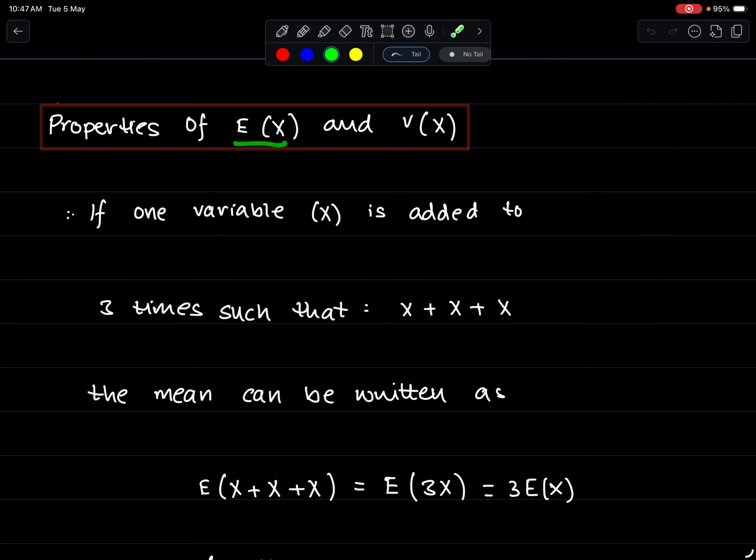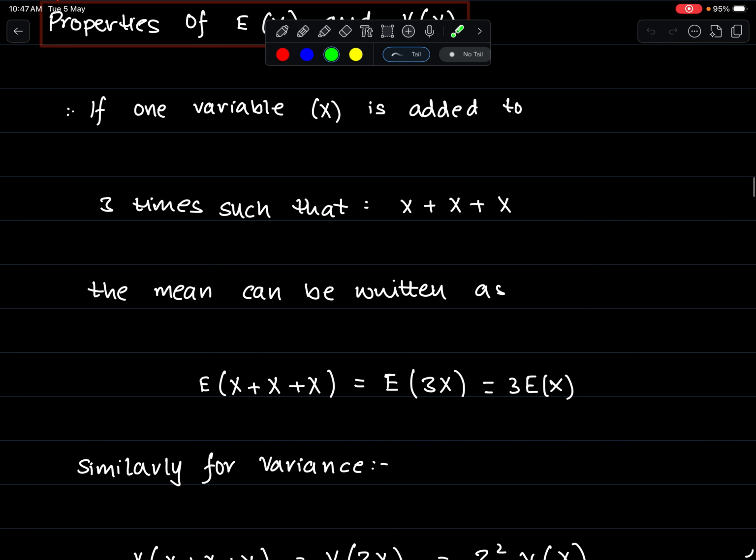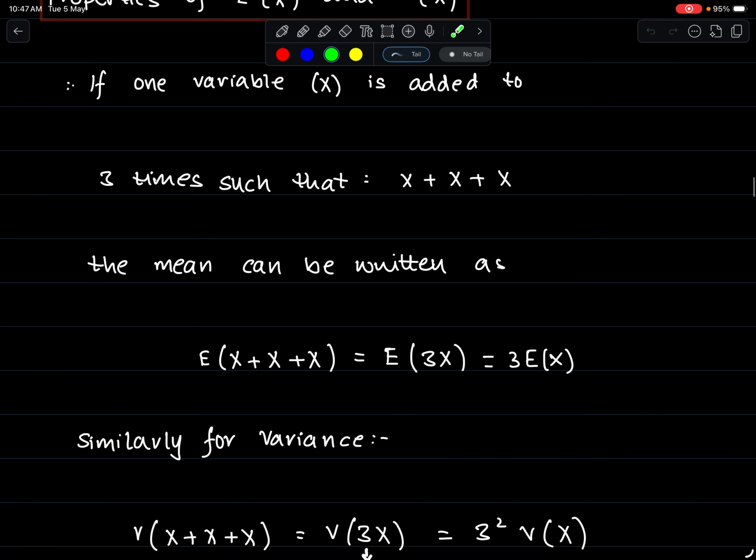Properties of expectation and variance. With this example, if one variable x is added 3 times, such that x plus x plus x, then the mean can be written as E(x plus x plus x) is equal to E(3X). Since this is a coefficient, bring this outside the bracket: 3E(X).